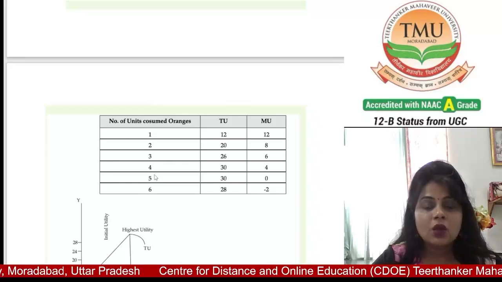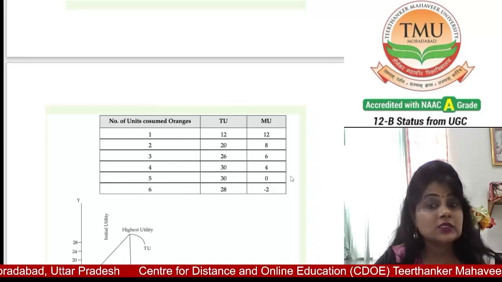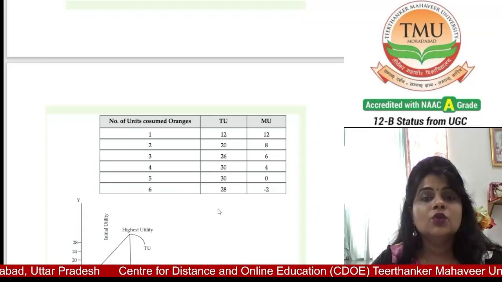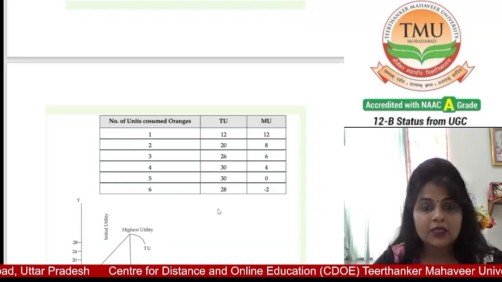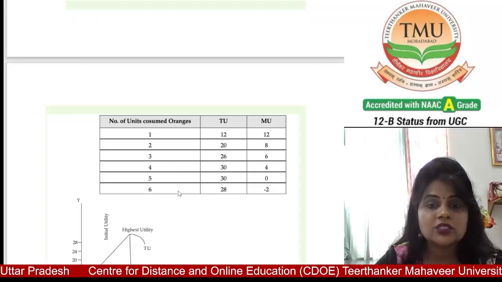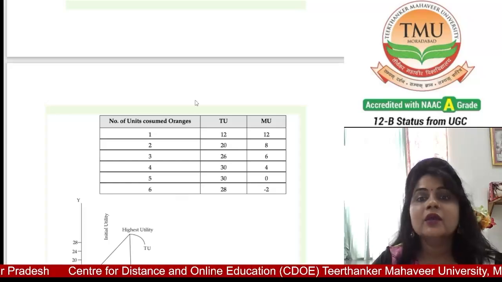On the fifth unit of orange, the consumer gets zero marginal utility. And the sixth unit of orange consumed gives him negative marginal utility.